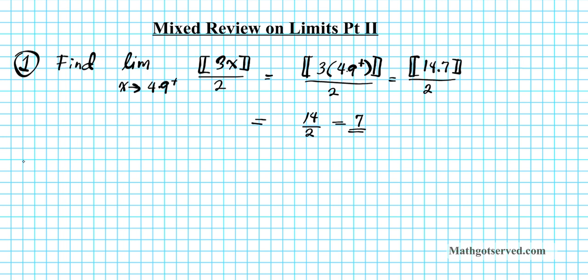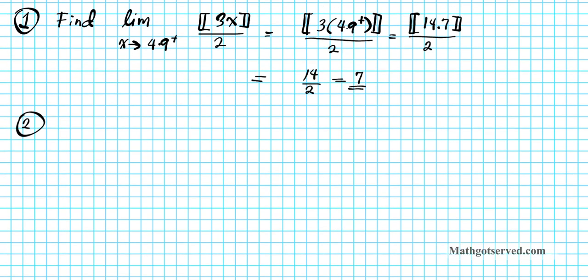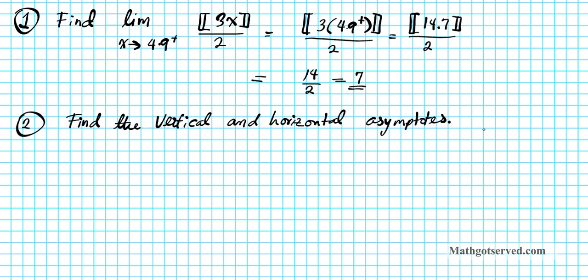Okay, let's take a look at question number 2. For problem 2, we are to find the vertical and horizontal asymptotes, and then verify your vertical asymptotes using limits.